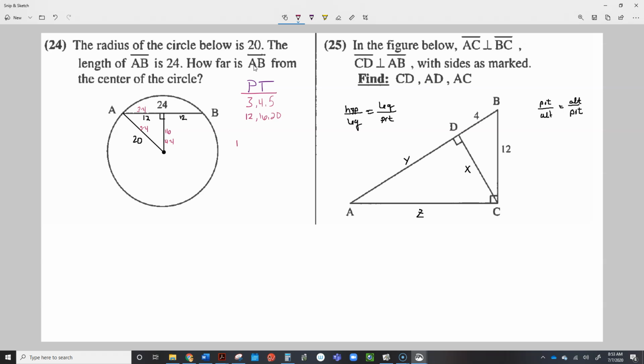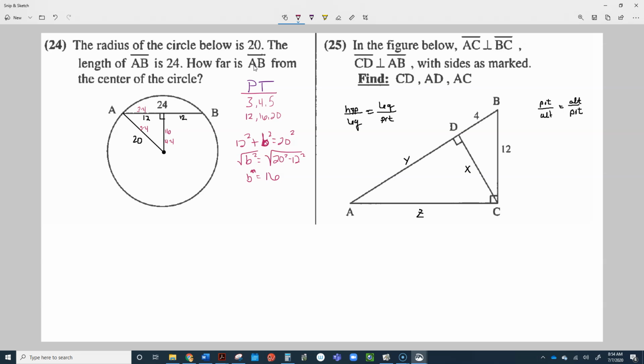You could just say 12 squared plus b squared equals 20 squared, and that would be b squared is equal to 20 squared minus 12 squared, and b is equal to 16.